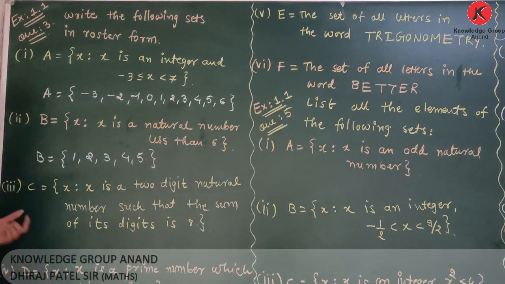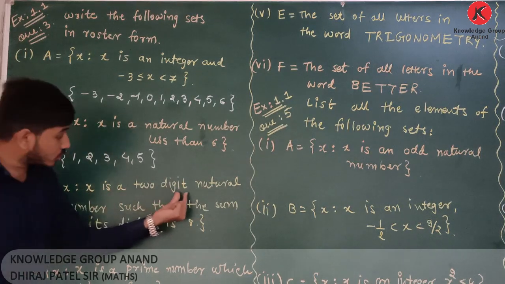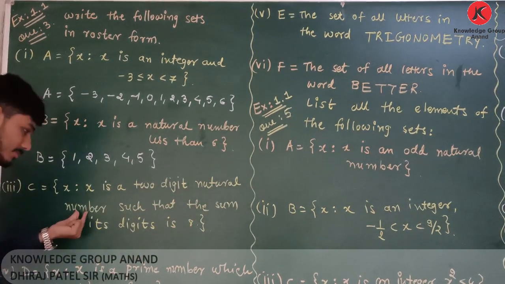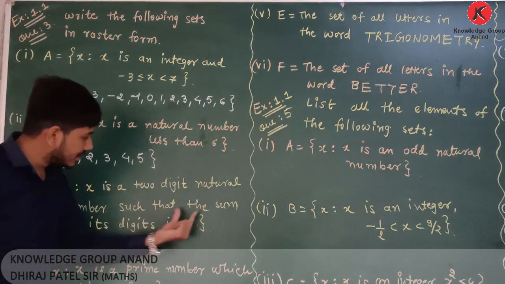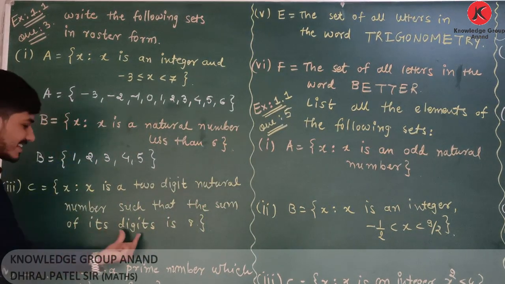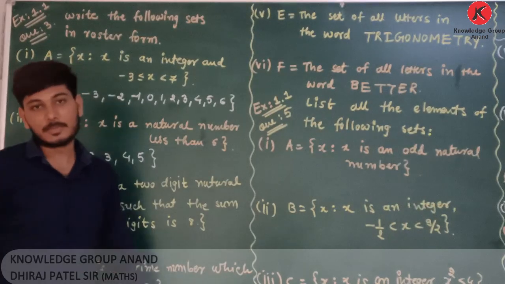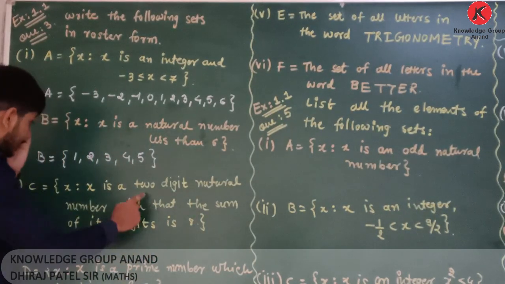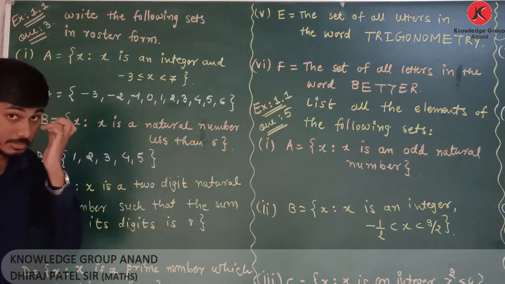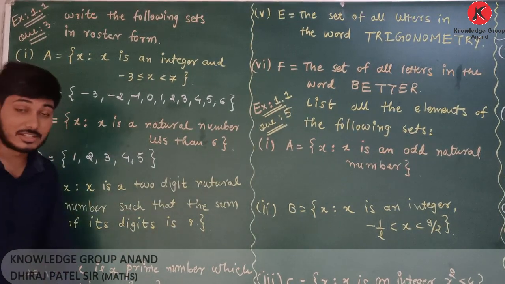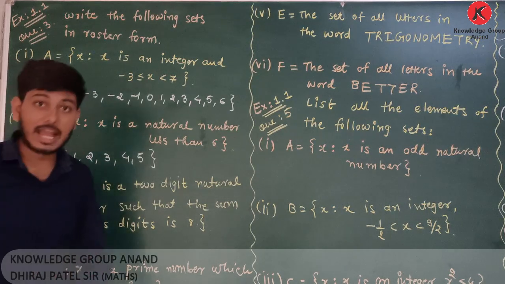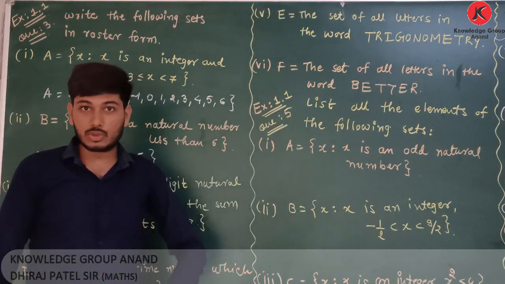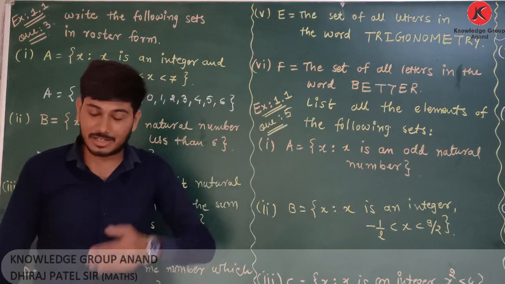Now, the third question, C equals to x such that x is a 2-digit natural number such that the sum of its digits is 8. The sum of digits is 8 and x is a 2-digit natural number. The 1 to 9 are 1-digit natural numbers.